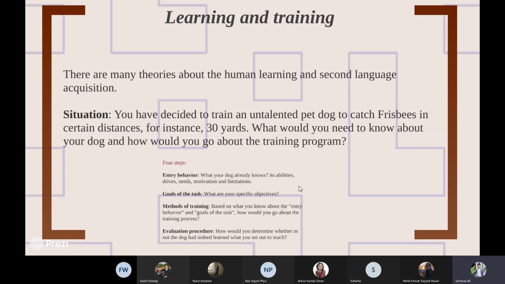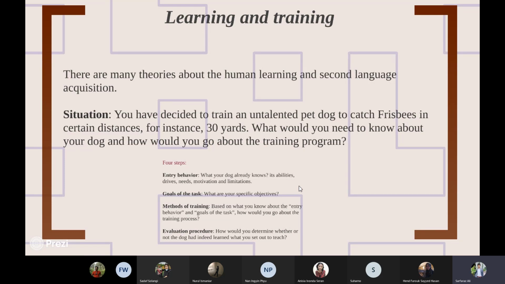So, as I already mentioned, today Sadaf and I will be presenting about chapter 4, and chapter 4 is about human learning. Having gone through the overall chapter, I noticed that the chapter is divided into four most important theories given by different psychologists.